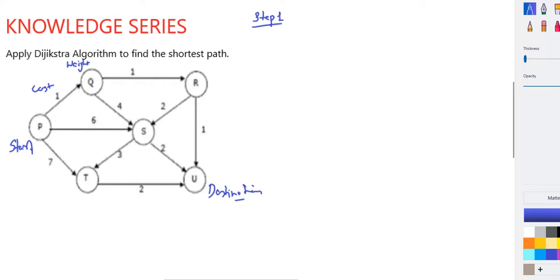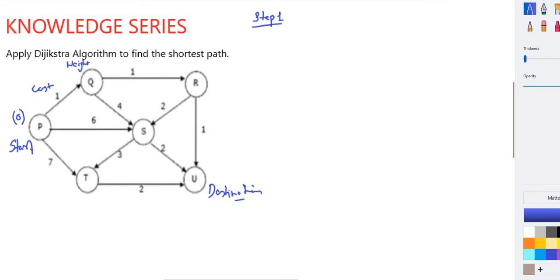Now, in step 1, let us see the distance from P and the vertices of P. Every starting vertex will have its own weight as 0, and with respect to P, let us see which are the neighboring vertices having a direct contact.